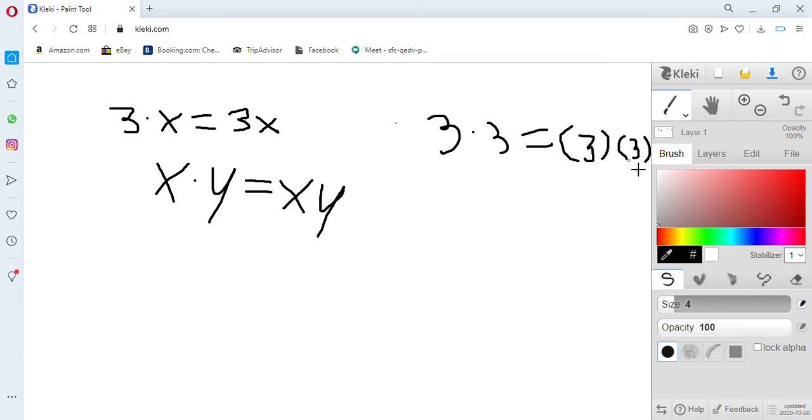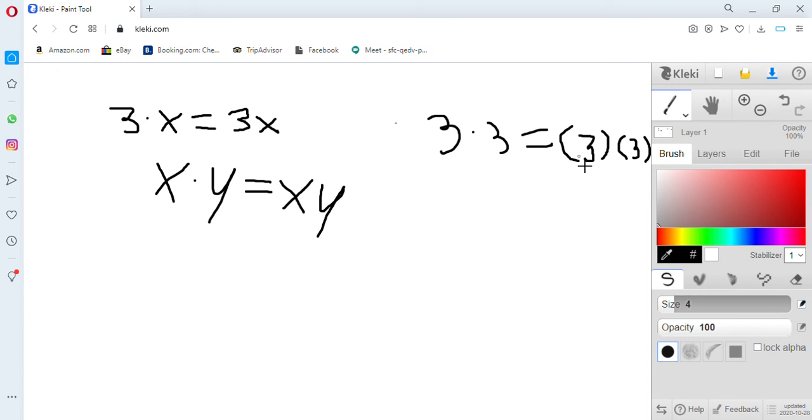Apparently parentheses can represent multiplication, and brackets too, mostly, I think. I'm not sure what brackets and braces are called, but mostly they represent multiplication.